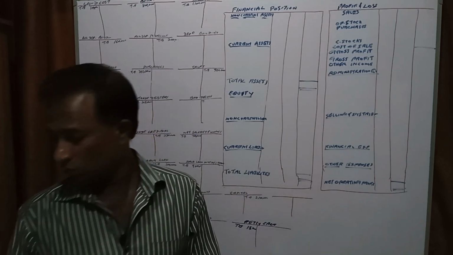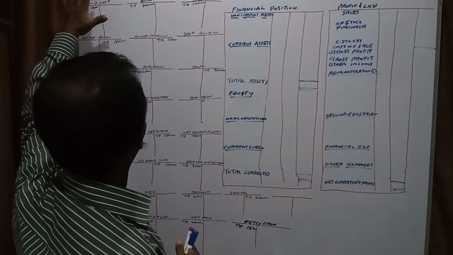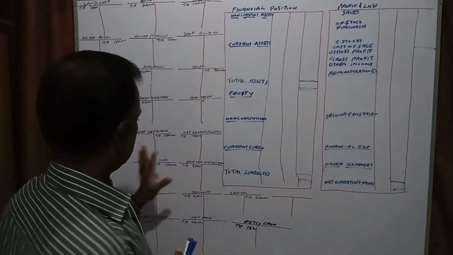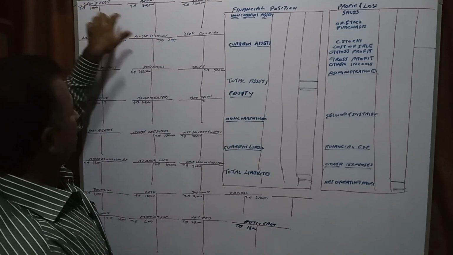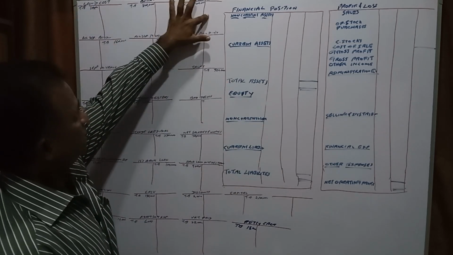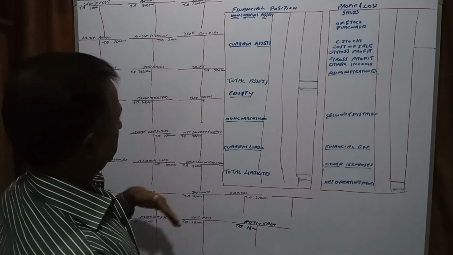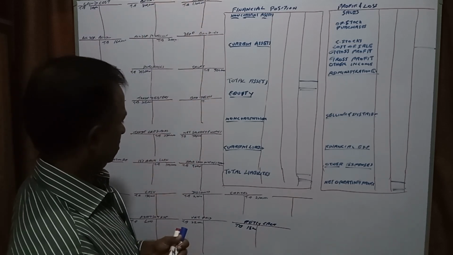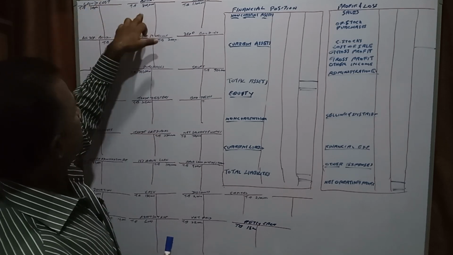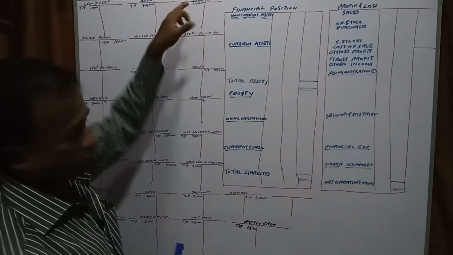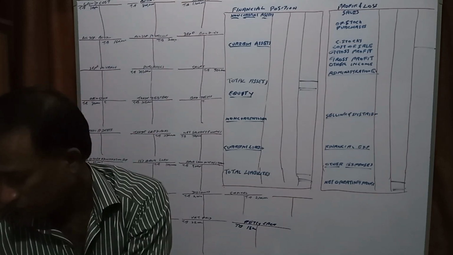We have gone through the trial balance and put the balances here. I have taken all the balances to T accounts from the trial balance: land cost, buildings, and motor vehicles.